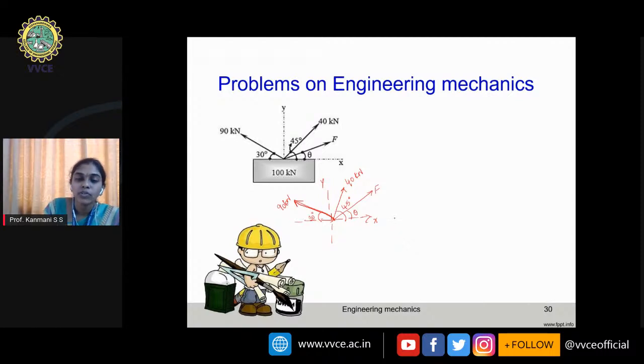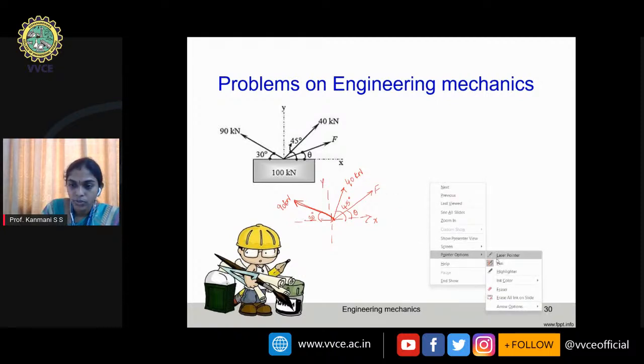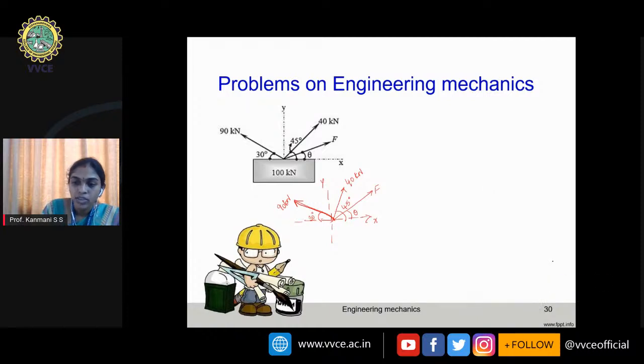But one of the most important conditions we should remember is that the resultant R should be pulled in the upward direction like this. R is purely vertical, that is a 90-degree angle, and it has to be pulled up.